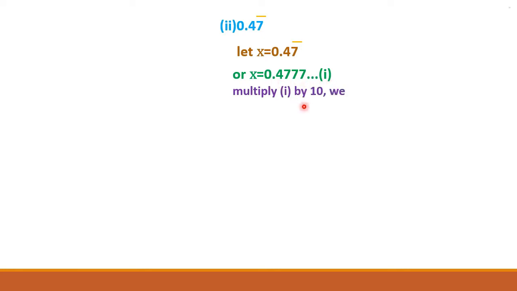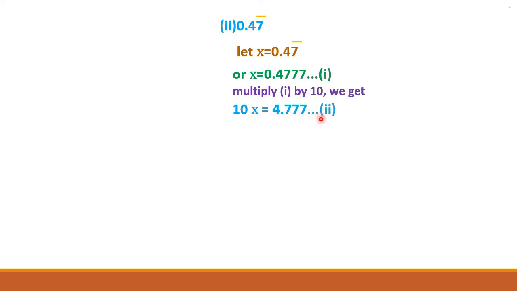Example 2. 0.47 bar. Let x is equal to 0.47 bar or x is equal to 0.4777 and so on. This is equation 1. Multiply equation 1 by 10. We get 10x is equal to 4.777 and so on.